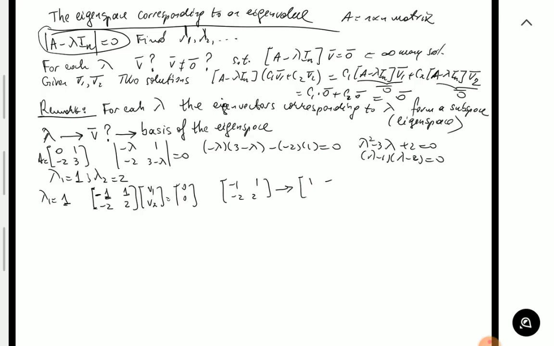We multiply the first row by negative 1, then multiply by negative 2 and add it to the second row, which gives me 0, 0. Because we have only one pivot column, we're going to solve for v1 in terms of v2. So v1 minus v2 equals 0, v1 equals v2, and v2 is arbitrary, so let's call it r, some parameter.